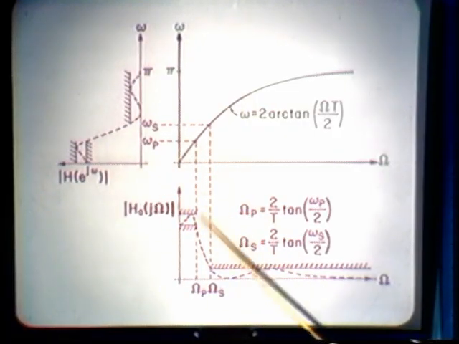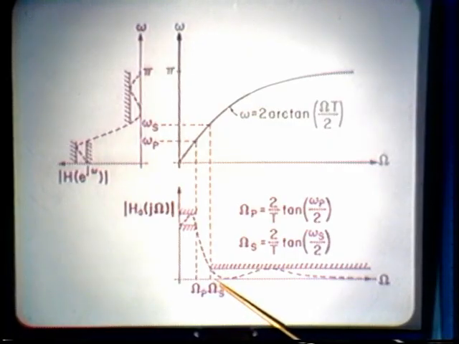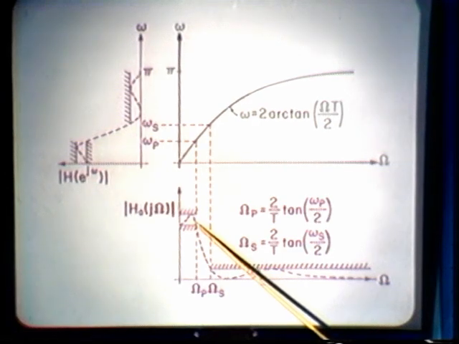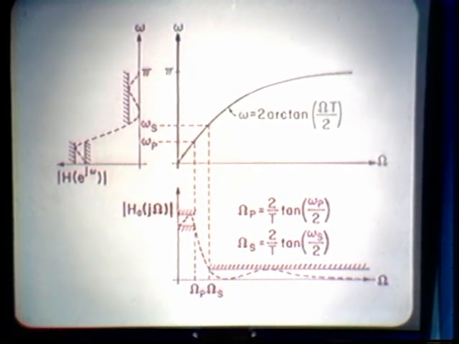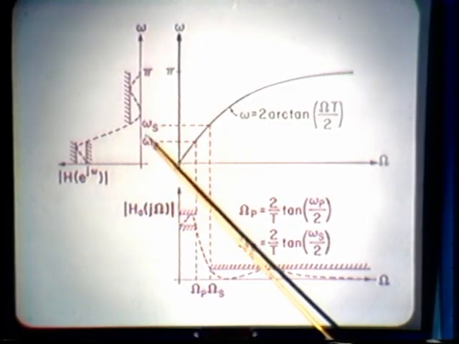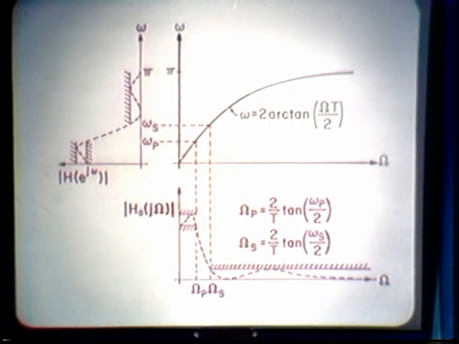By pre-warping those through this arctangent curve into the corresponding analog critical frequencies, if this filter is then designed and mapped to a digital filter using the bilinear transformation, then the passband and stop band edges will fall at the frequencies that we want. And this point again will be emphasized in the next lecture when I show a design example comparing impulse invariance and the bilinear transformation.